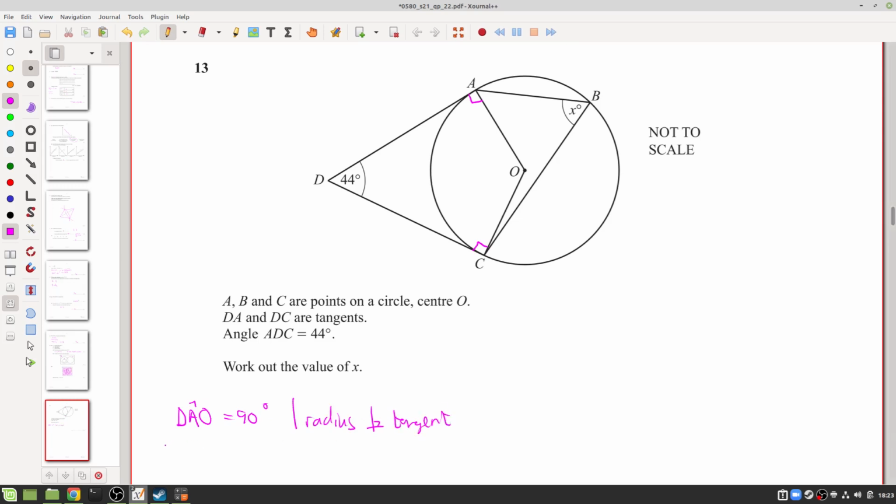We can do the same for DCO. DCO is 90 degrees, and our reason for that is again a radius is perpendicular to a tangent.